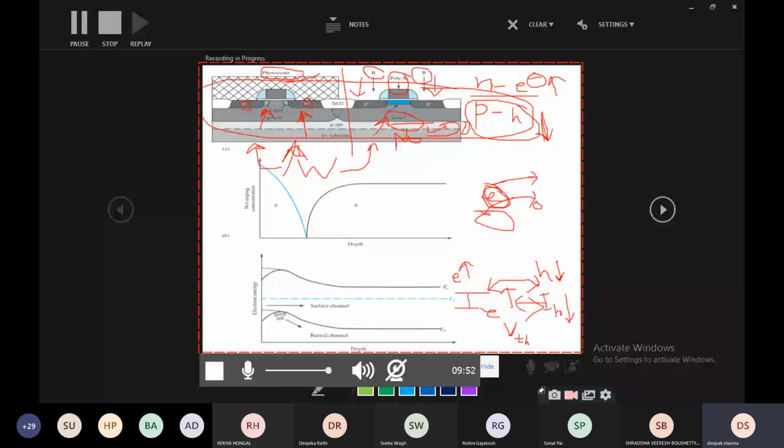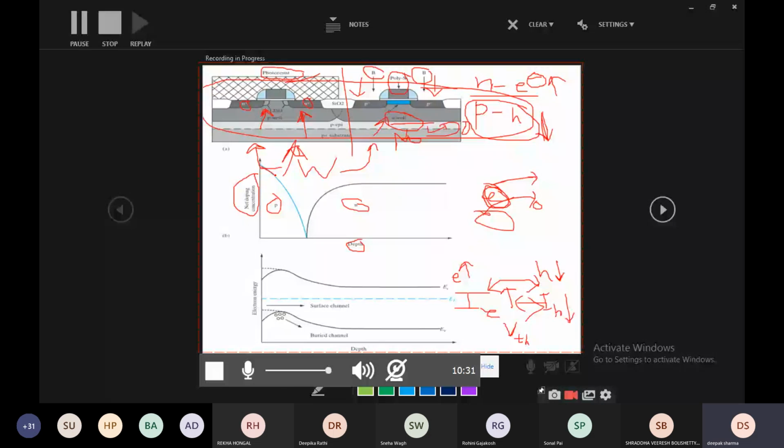Okay, and we have a graph here. So what is this graph indicating? This graph is telling net doping concentration versus depth. The doping concentration, right? And here we have the P channel MOSFET and the N channel MOSFET, correct? So the net doping concentration is more in P channel MOSFET compared to N channel MOSFET.